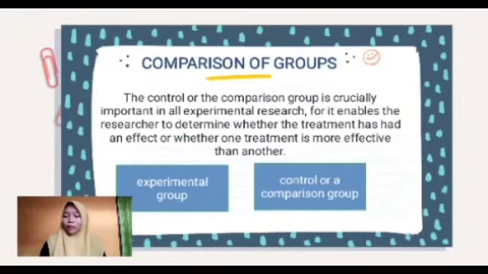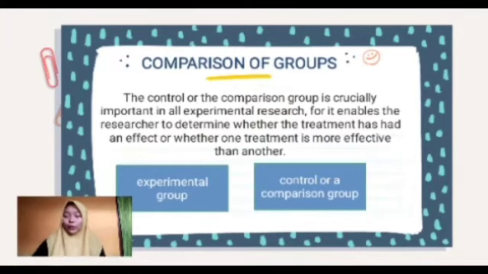In comparison of groups, the control or comparison group is crucially important in all experimental research, for it enables the researcher to determine whether the treatment has had an impact or whether one treatment is more effective than another. Experimental research usually involves two groups of subjects, that is, an experimental group and a control or comparison group.